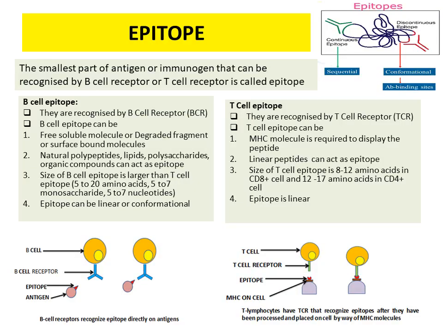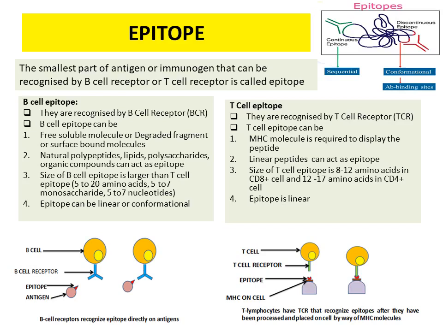Next is the epitope. As you know, antigen binds with the B cell or T cell, right? Now, the smallest part of an antigen or immunogen that can be recognized by the B cell receptor or T cell receptor is called an epitope. So, the epitope is the smallest part of the antigen which is recognized by the BCR or TCR, right? Now, these two are different.